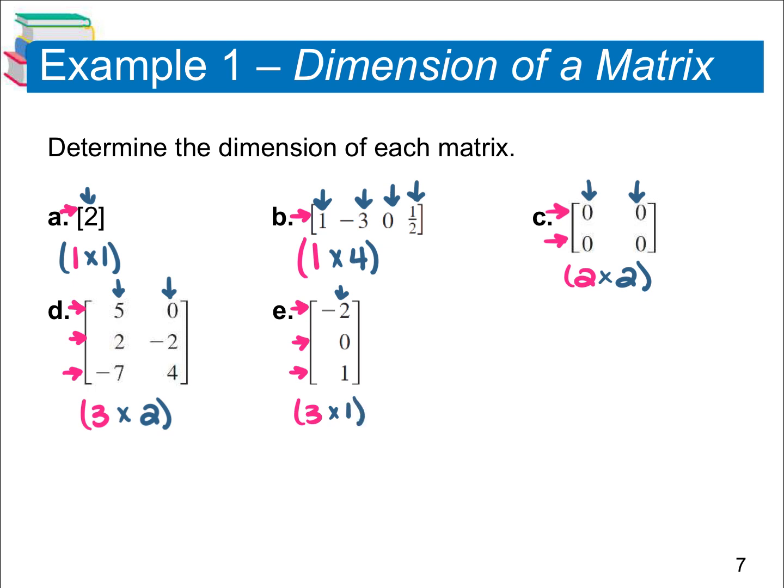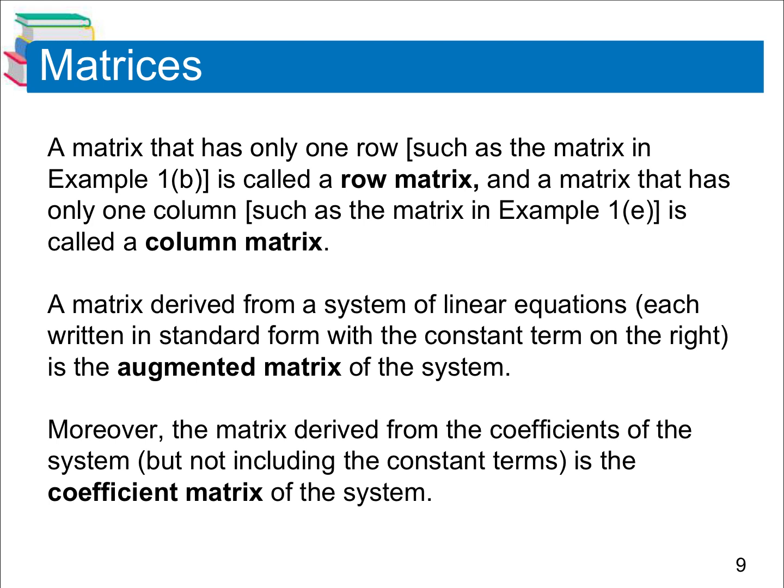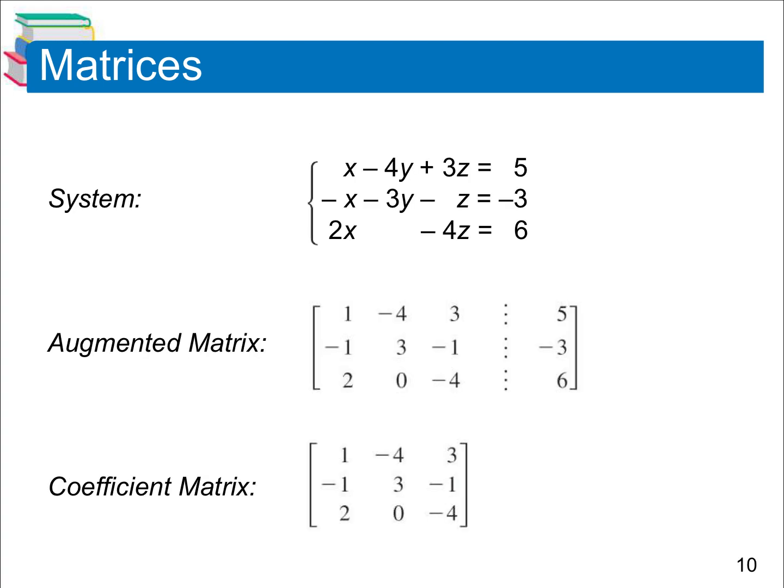The next part of your notes is going to be looking at the different types of matrices. You have something called an augmented matrix that includes your answers for systems of equations. Then you have something called a coefficient matrix, which is just the coefficient parts of your system of equations.